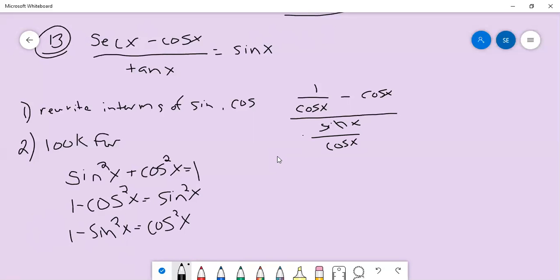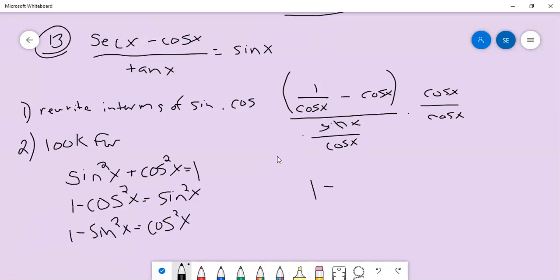Okay? I have cosines in my denominator in both parts of my fraction, so I'm going to multiply the top and the bottom of this whole fraction by cosine of x over cosine of x. Okay, so this whole thing times cosine of x. So 1 over cosine of x times cosine of x, that's just 1.